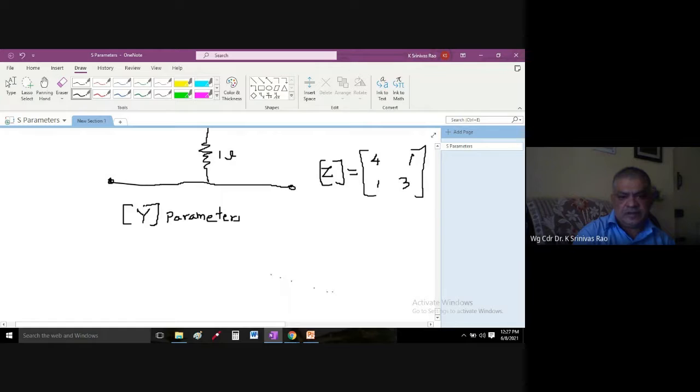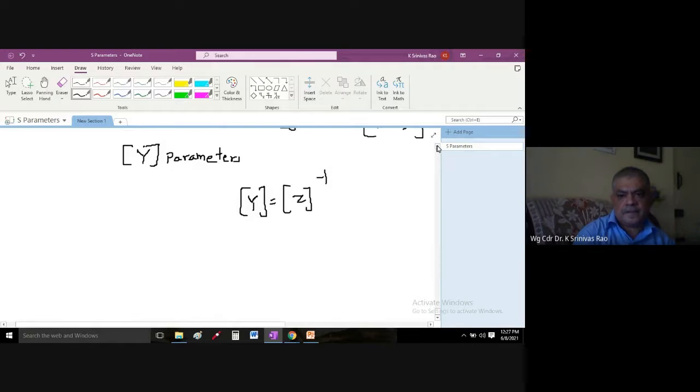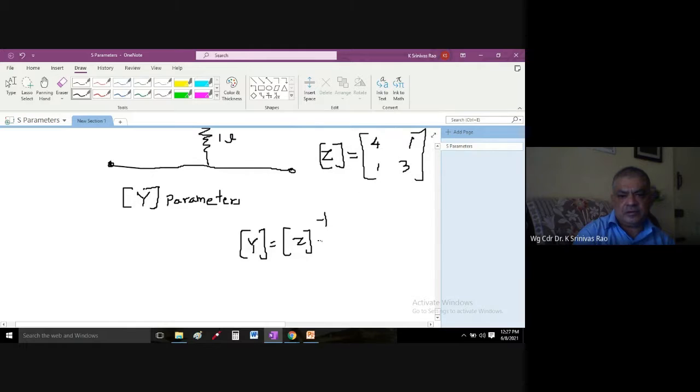From this Z parameter I can obtain the Y parameter. The Y parameter is nothing but the inverse of Z. How? Just take the adjoint divided by the determinant. I do it here only. The adjoint of this is 3, 4, minus 1, minus 1, divided by the determinant: 3 times 4 is 12, 12 minus 1, which is 11.